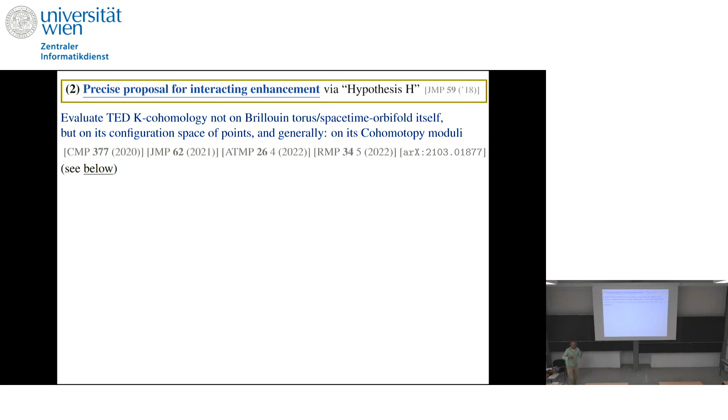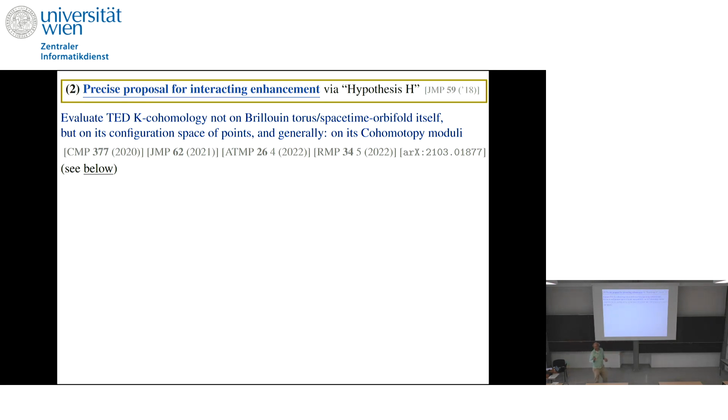If you go through the logic of this, maybe I have a slide for this later on, you see, why is it the K-theory of the Brillouin torus? Because we're classifying bundles of single electron wave functions, which are sections of the Bloch bundle over the Brillouin torus. Now, if we have more electrons, it will not just be this plane bundle, but a fiber product of that.